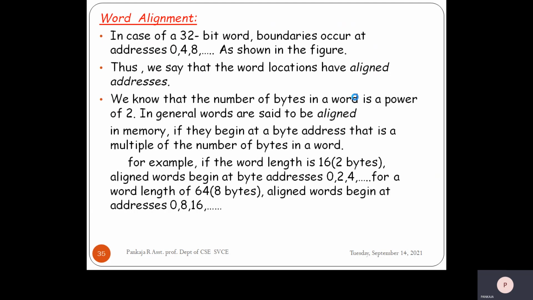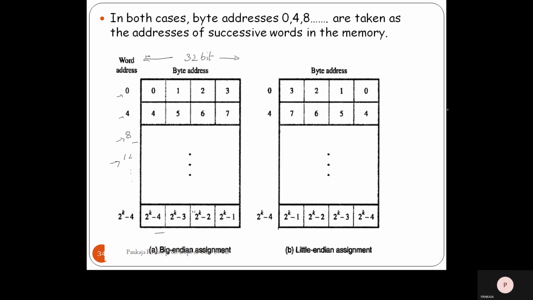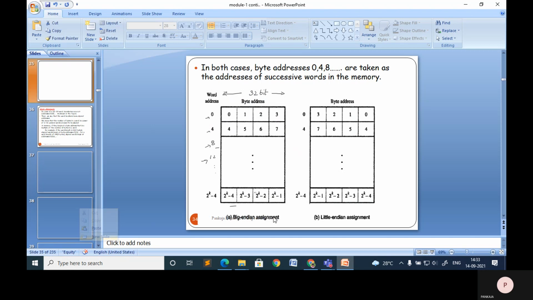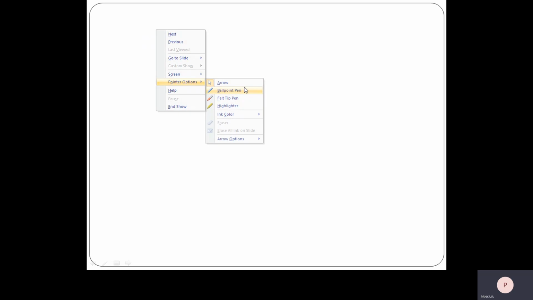Let me take one example. I'm going to take some given data and represent it in both big endian and little endian.